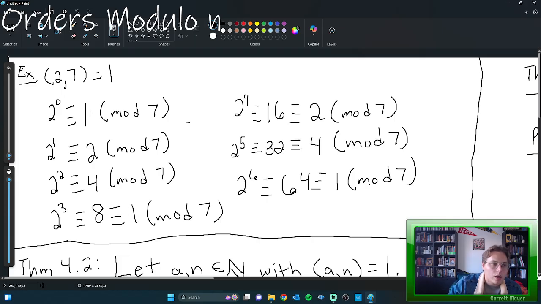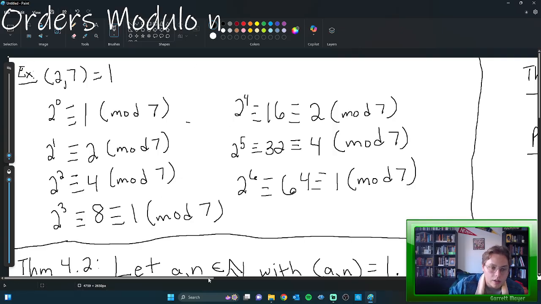Well, this theorem shows that because you eventually get back to 1, you're at the same point where you were when you took a to the power of 0, and then you multiply again by a, and that gets you back to where you were at a to the power 1, and you keep going, and this cycle continues.